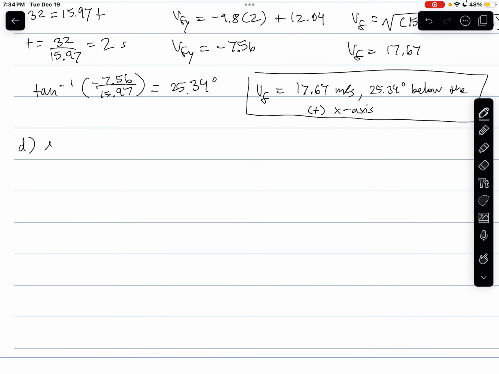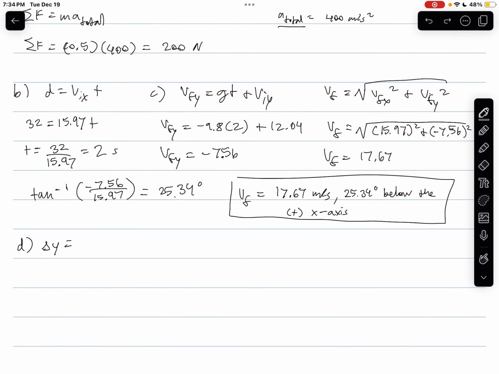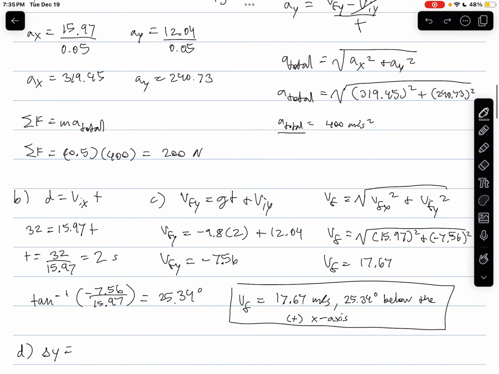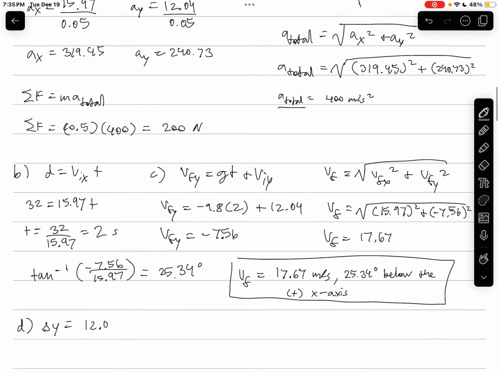And then for part D, I know delta y is going to be VIY t minus 4.9 t squared. So then VIY is going to be 12.04 t minus 4.9 t squared.